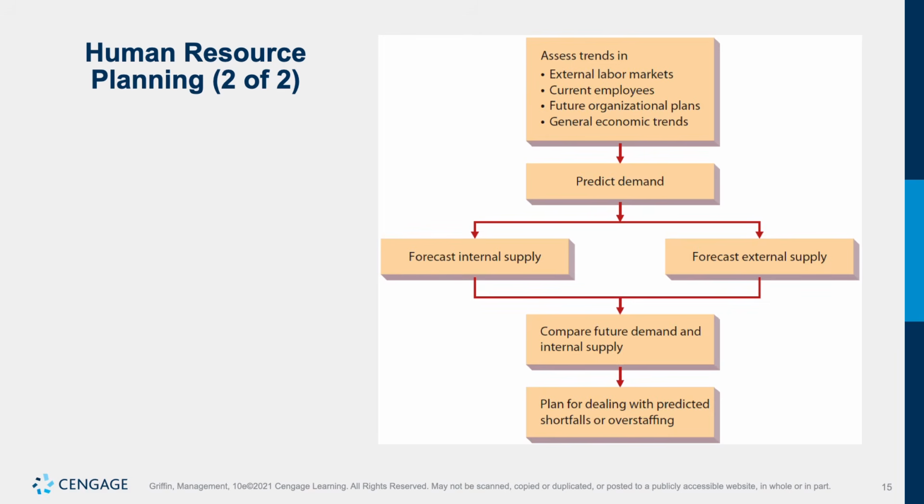The organization may also, in forecasting internal supply, consider horizontal job loading, whereby an employee internally who has the capabilities to occupy that vacancy, or that demand for human resource that has been predicted, could have the responsibilities of that vacant role added to their job. That employee has the capabilities to handle that role but is currently handling a particular job role within the organization.